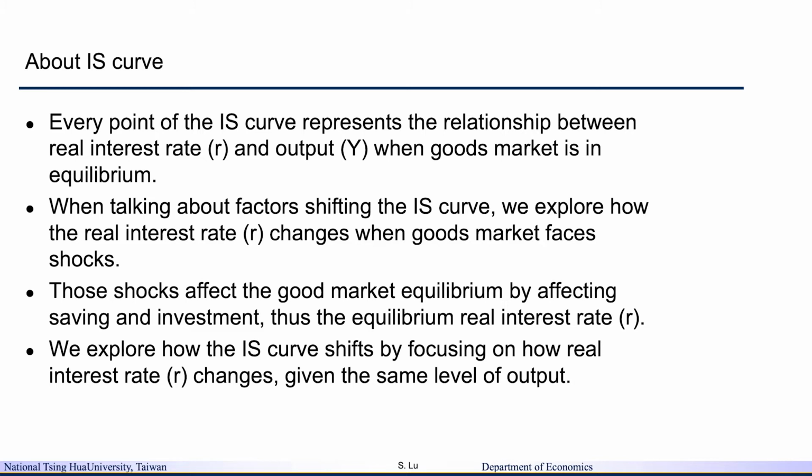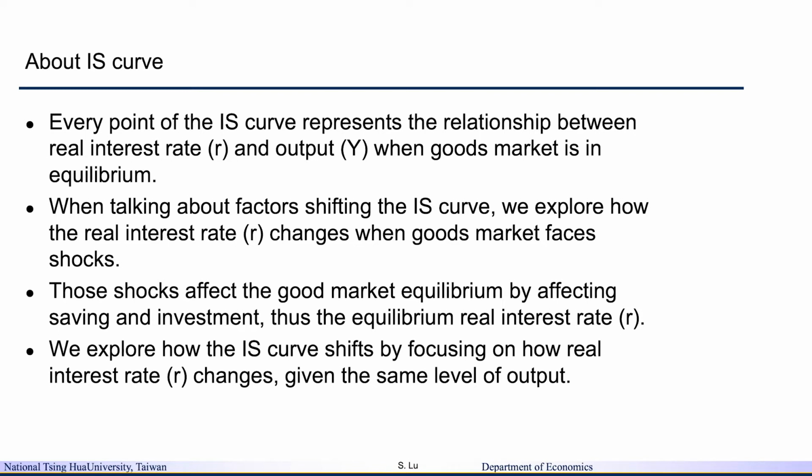Then we can identify which direction the IS curve shifts. So when we explore how the IS curve shifts, we focus on how the real interest rate changes given the same level of output.